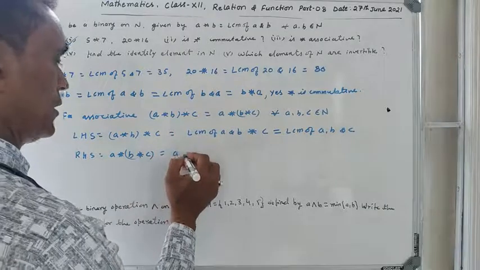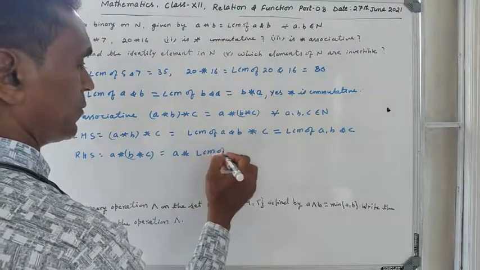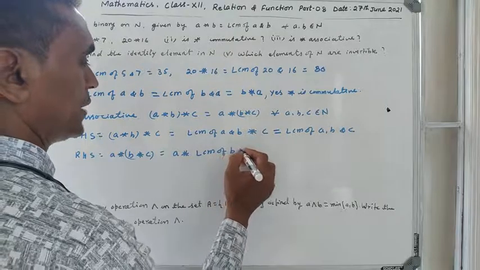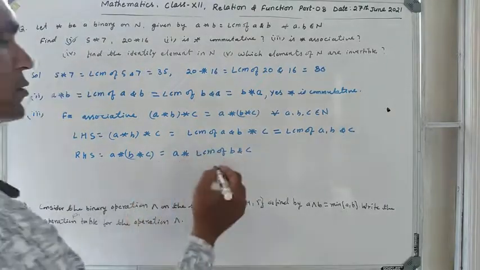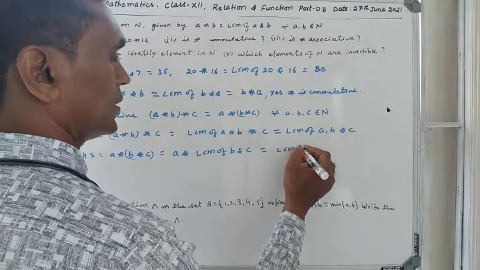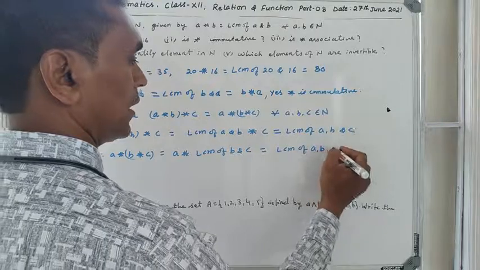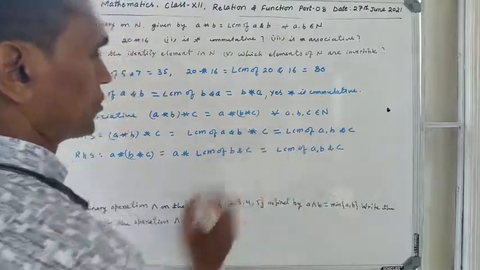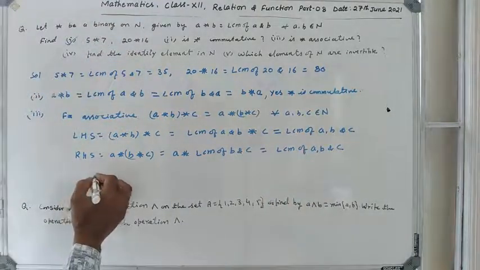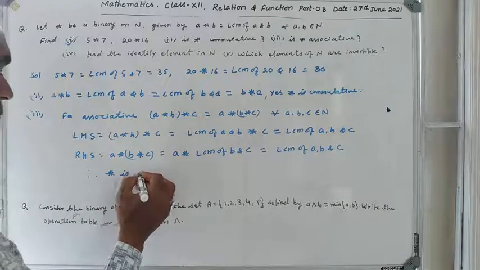So here A, LCM of B and C. Here also LCM of A, B and C. So both are equal. Therefore, this operation is associative.